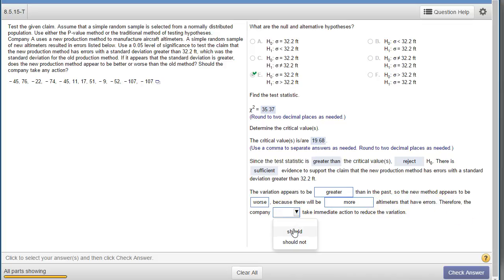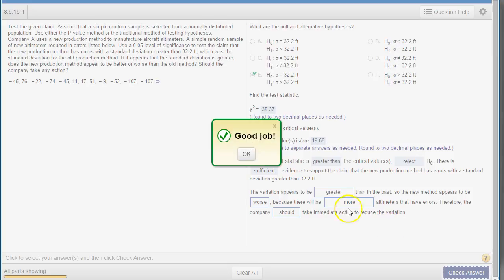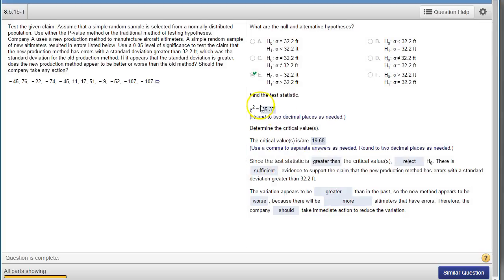Therefore, the company should take immediate action. Because it's greater than 32.2, significantly greater because we rejected H0, it looks like things are getting worse, and the standard deviation is increasing.